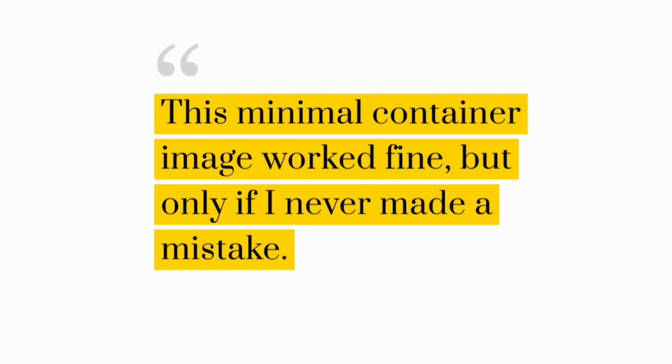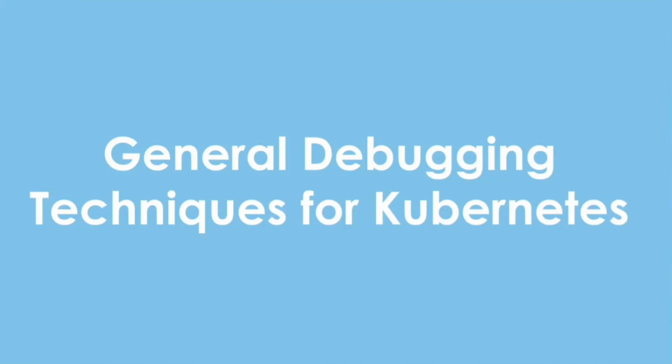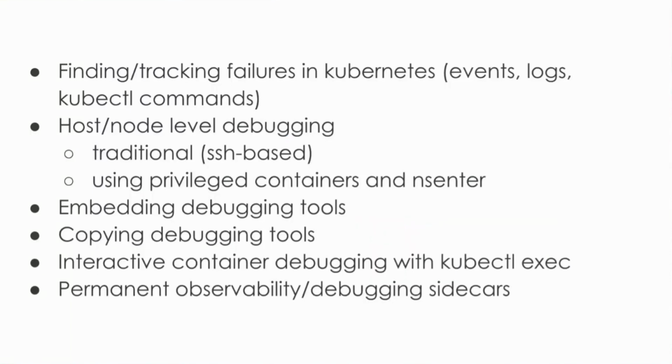So let's get started with the general debugging techniques for Kubernetes, which everybody has been doing. Just a quick preview of that. Whenever there are any failures, we go through the events, the logs, the describe, host and node level debugging.